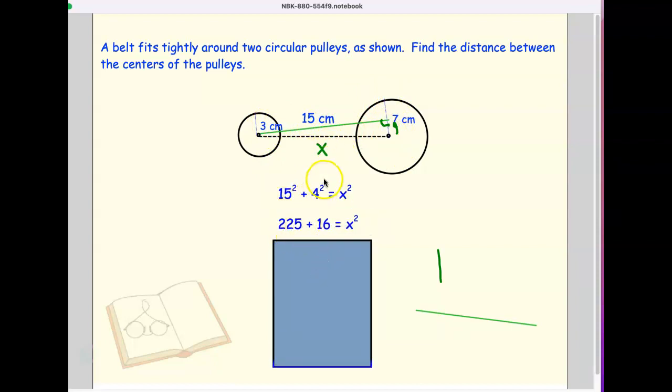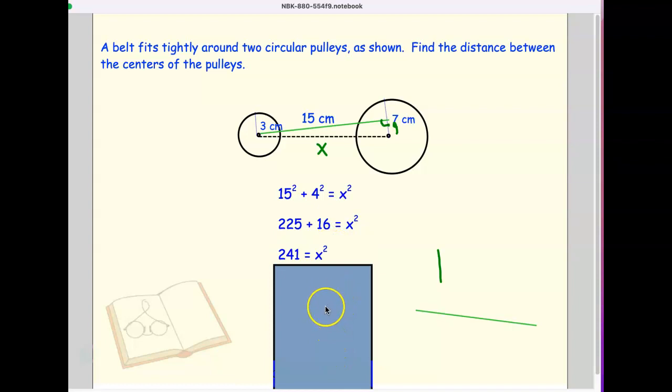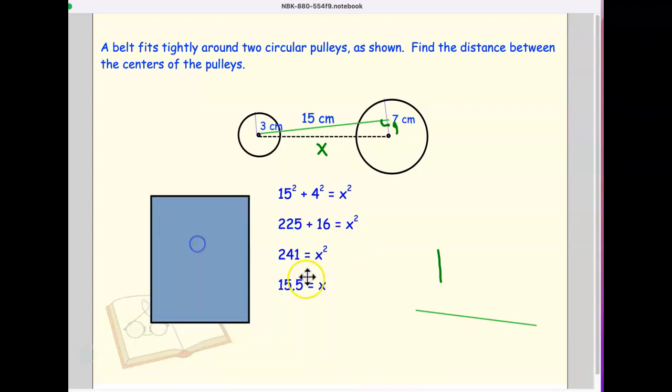So 15 squared is 225. 4 squared is 16. We would add those together and get 241. And again, our last step, remember to square root the 241. We would have to square root that to get about 15.5. So that's how long that piece would be. But the key is knowing that you can slide that down, and as long as it stays parallel, that works.